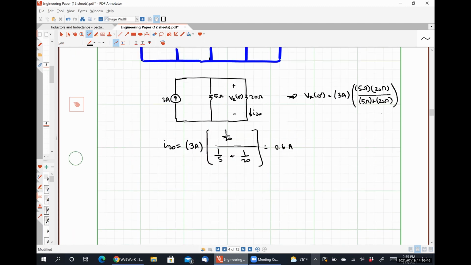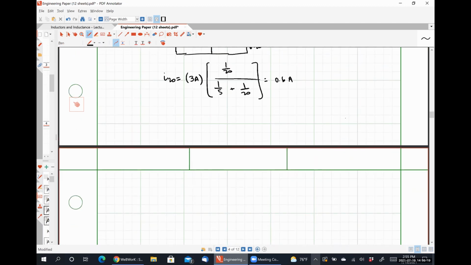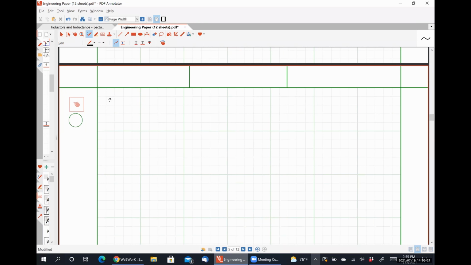All right, so now we analyze our circuit at t is equal to infinity. So our 2 amp source sitting happily over here. Here's our 3 amp source. Here's our 5 ohm resistor.